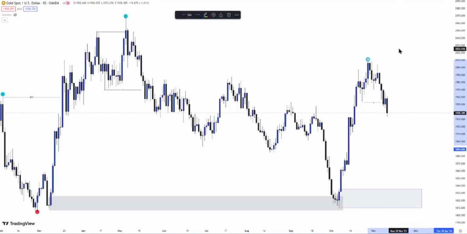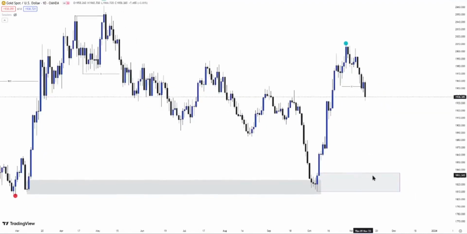So we want to see price now come down to tap on our OB here. This is our extreme OB. Another OB that we can be looking at is this order flow here. This is an order flow, guys. If you go to your lower time frame, you will realize that that is an order flow.